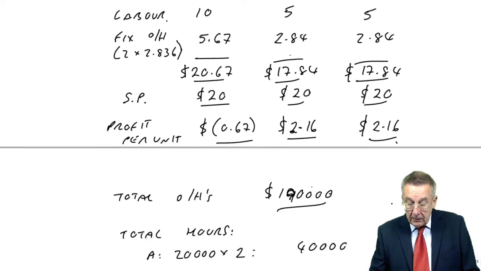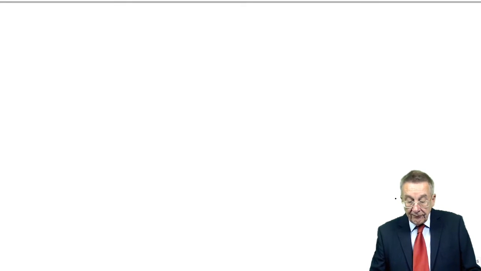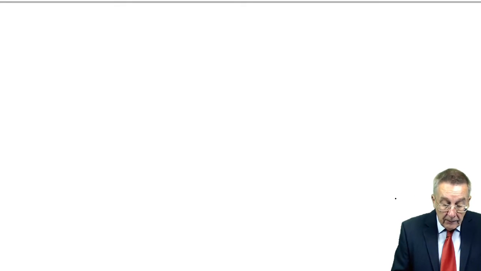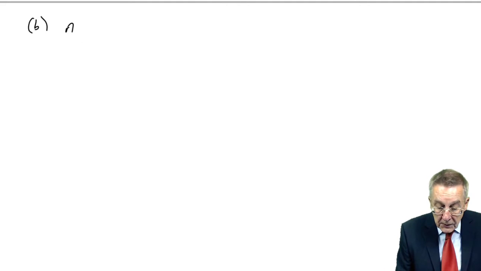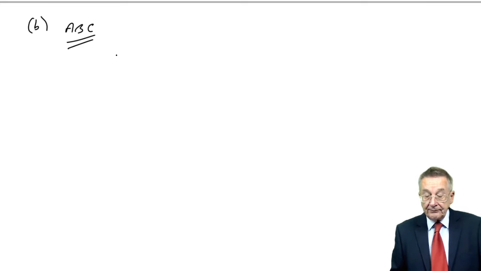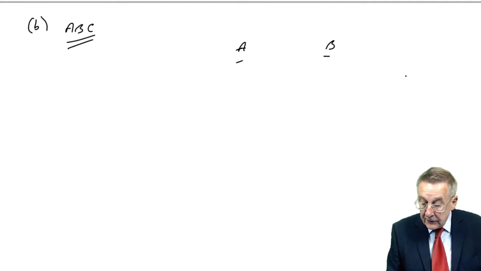So this is part B, appreciate. Where again, we want a cost per unit and a profit per unit, but we're going to use activity-based costing. So we'll set up our cost cards just like we did before.